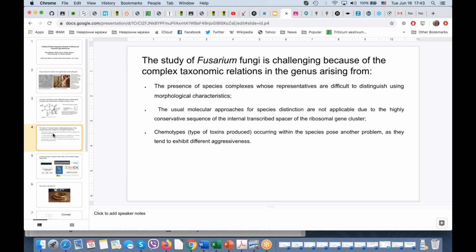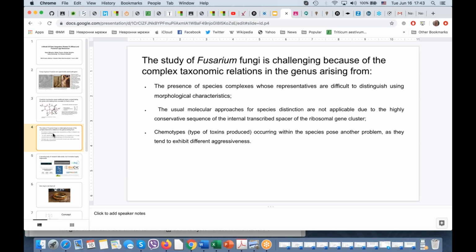After that, we studied all the data resources for Fusarium fungi, which is challenging because of the complex taxonomic relations, and we define this in three major items.